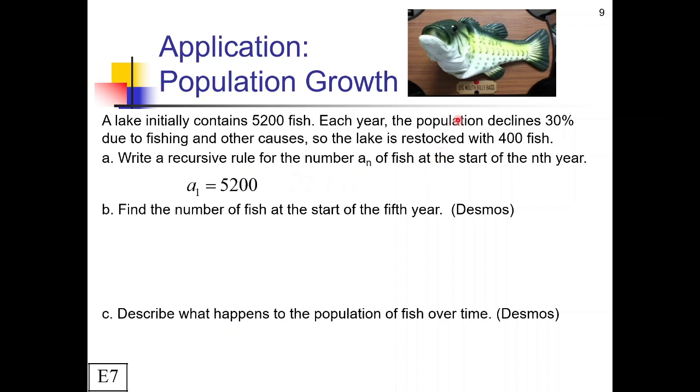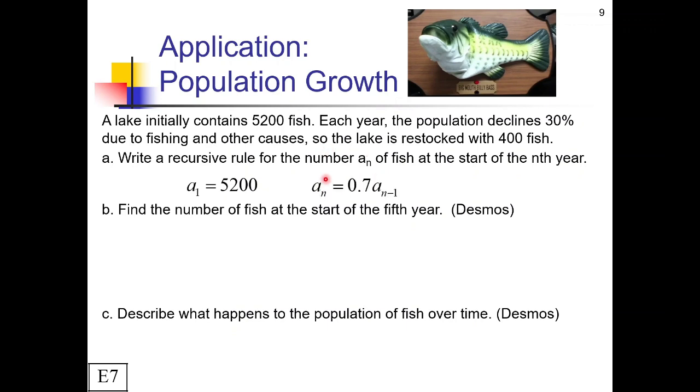Well, our population is declining 30%, so we have to incorporate that. How can I say losing 30%? Well, losing 30% basically means keeping 70%. So we need to take 70% of whatever the population is. That's going to be the a sub n minus 1. And then we'll have to do something else to it.